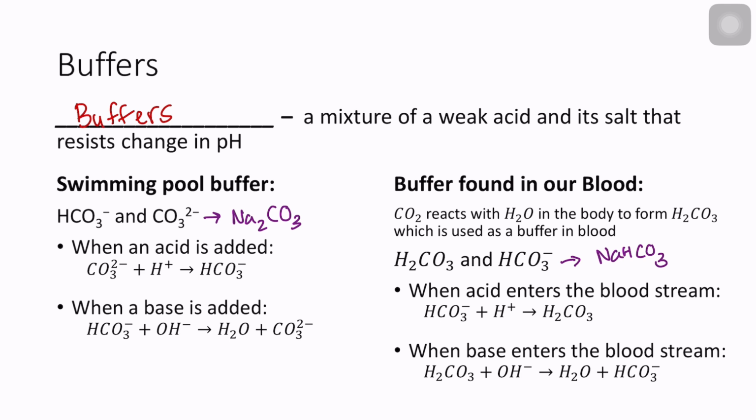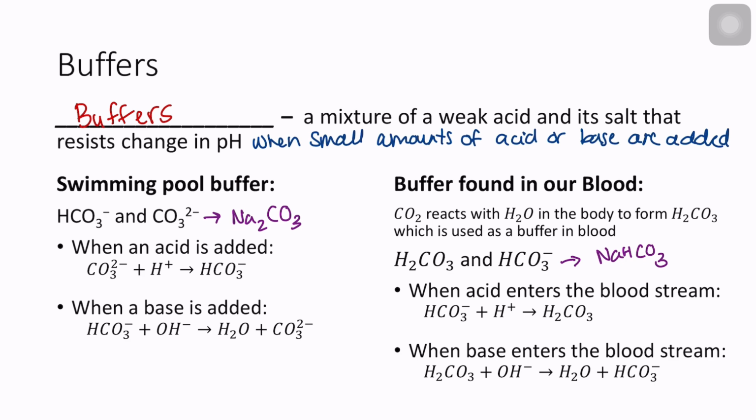Now, keep in mind, if I have 5 milliliters of blood and I add 10 milliliters of acid, then obviously the buffer is not going to work. This is going to just resist the change in pH when small amounts of acid or base are added. So we'll only neutralize it if we have small amounts of that acid or base.